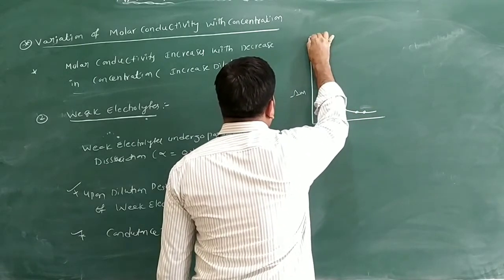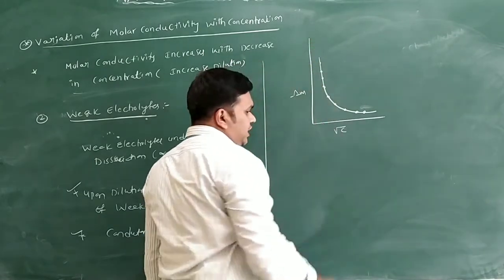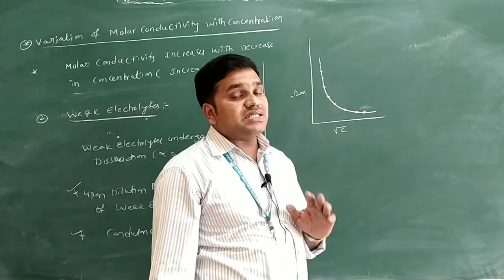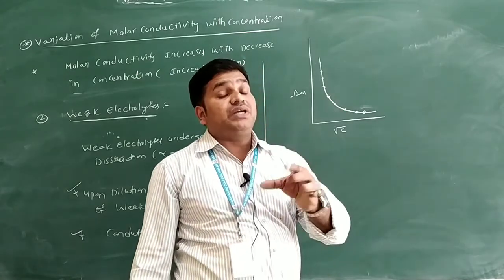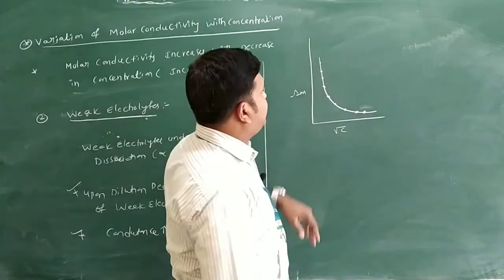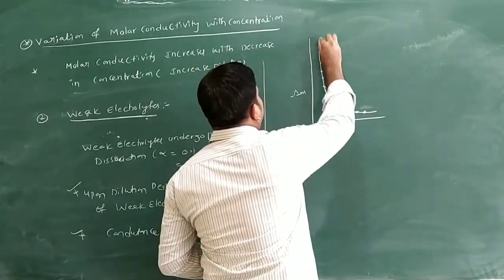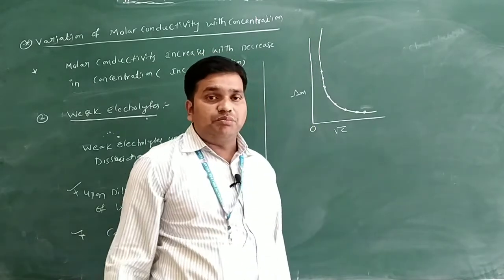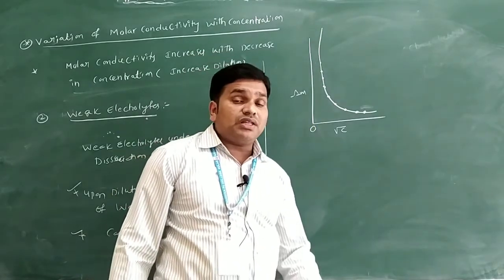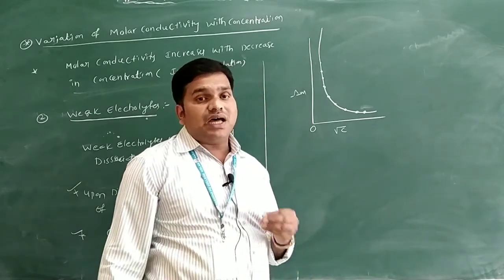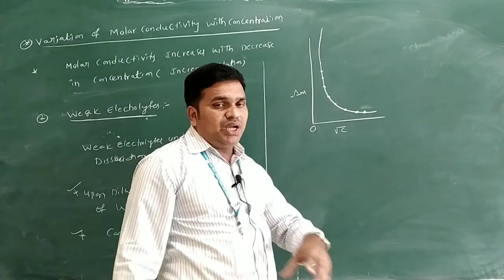But you can see one factor here: you can increase the concentration of the solution, but the molar conductance does not approach an infinite value. If you extrapolate the graph like this, it does not touch zero concentration. This means that for weak electrolytes, we cannot identify the limiting molar conductivity by the graphical method.